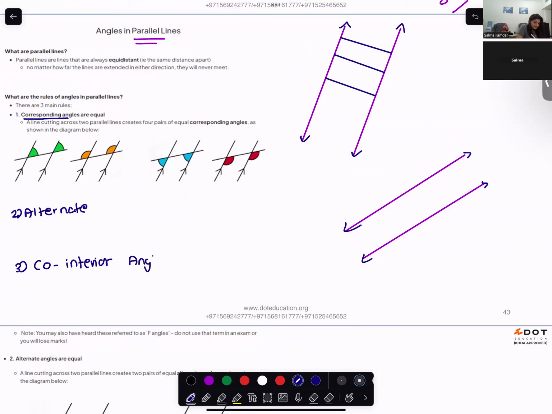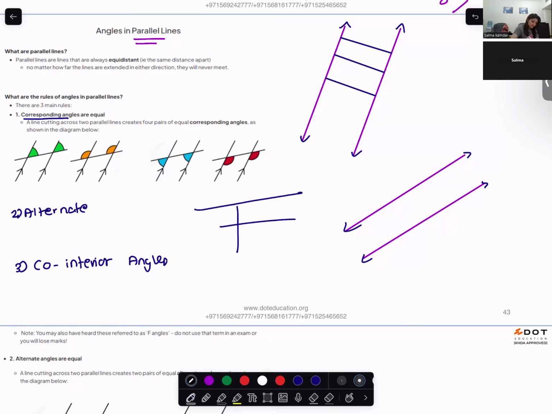So let's first talk about corresponding angles. What are corresponding angles? Corresponding angles are the angles which are in the shape of F. If you have these two parallel lines and I talk about corresponding angles, these two angles would be corresponding angles.